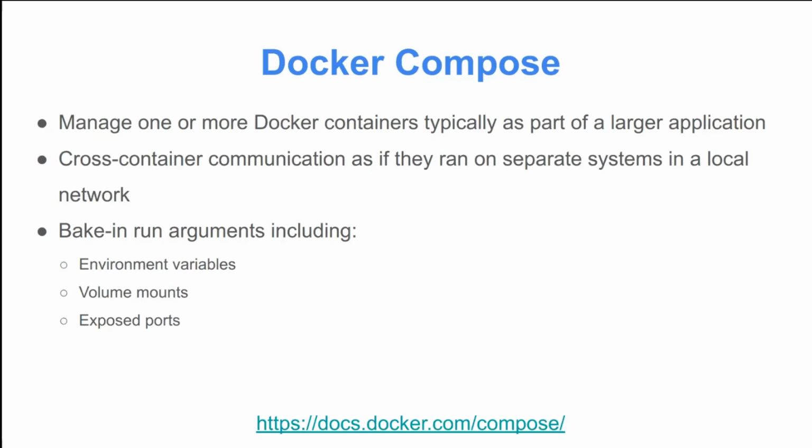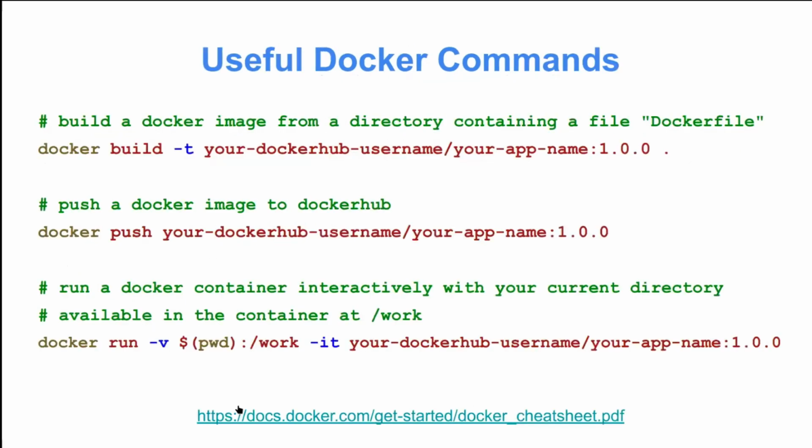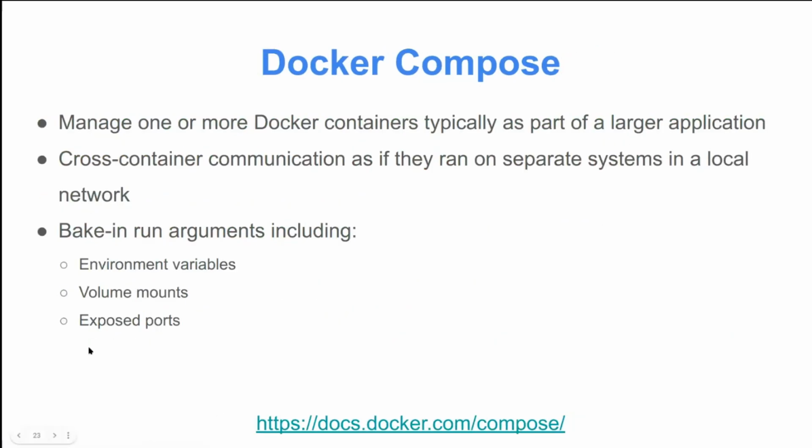And the Docker Compose very easily sets up these local isolated networks so that the containers can communicate with one another. And then some of these arguments, like the one I showed here, this -v, can be baked into the Docker Compose specification. A -v would go under this volume section, which I'll show in a moment.